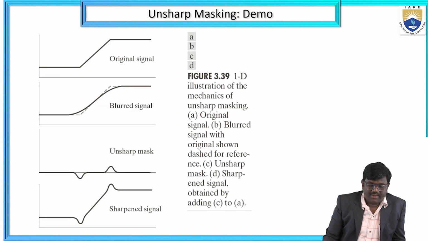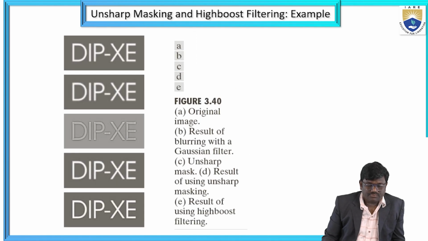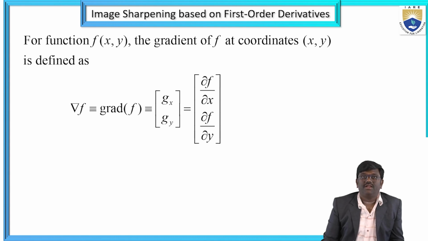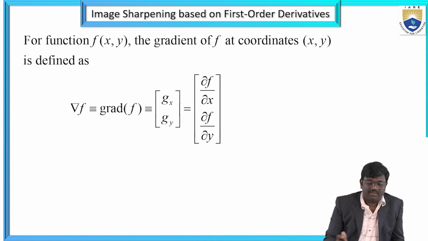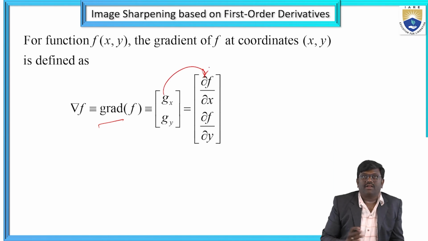So similarly, we can go through the unsharp masking process. These are the examples we want to concentrate on. Image sharpening based on the first order derivative: the gradient of f is equal to gx, gy.